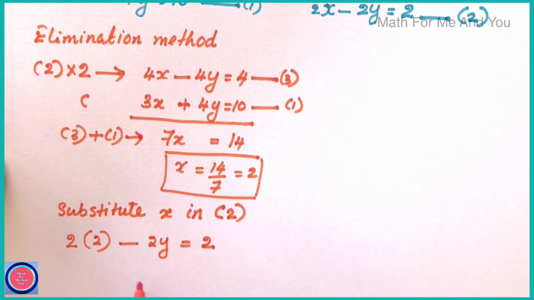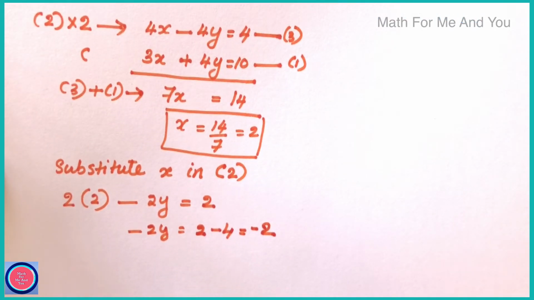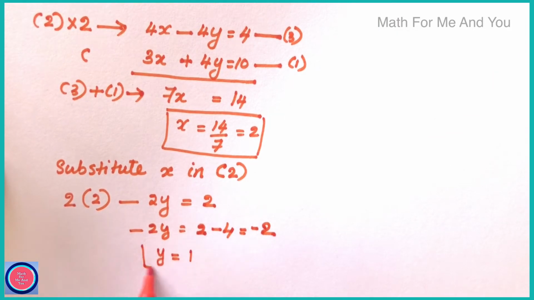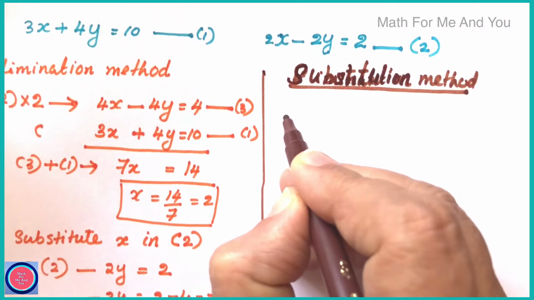Then keep the numbers on the right side. Only minus 2y on the left side, and the right side is 2 minus 4, that is minus 2. Minus 2y equals minus 2. What is the value of y? Y is equal to minus 2 over minus 2, that is 1. We get the values of x and y.